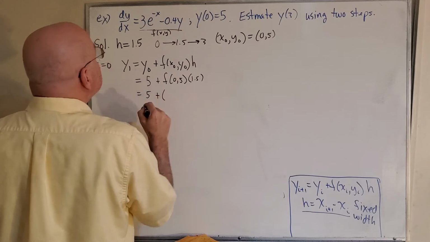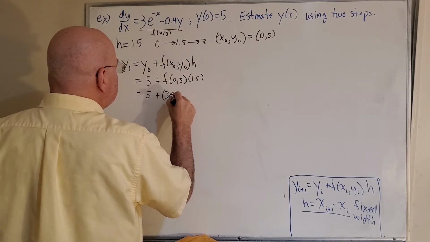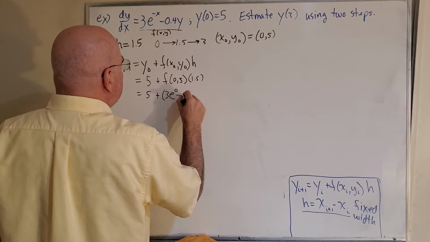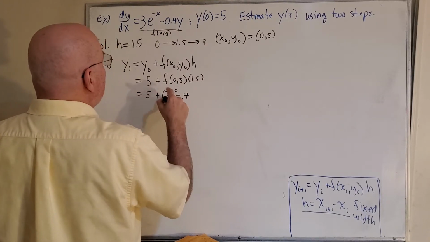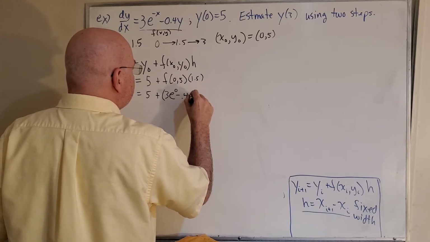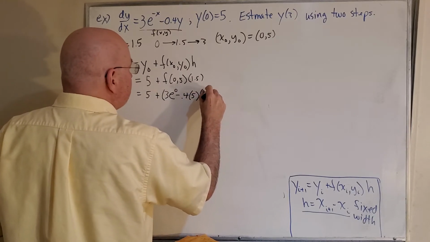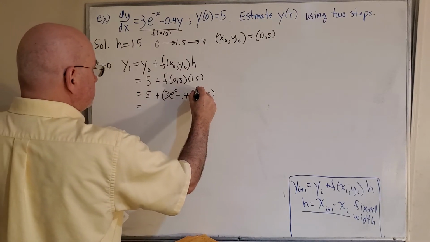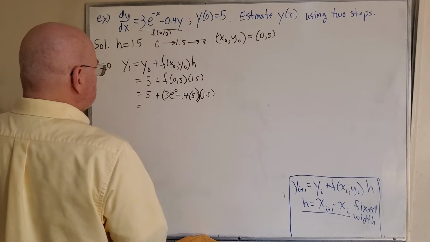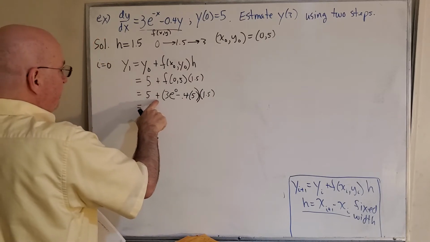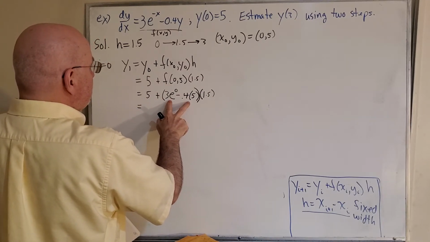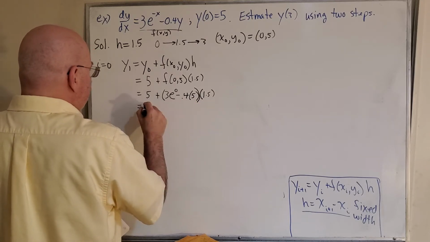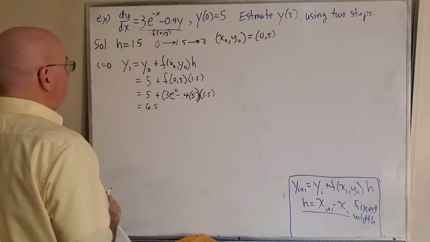I better write it out. Okay, so we get 3e to the 0 minus 0.4 times y, which is a 5, then that's times 1.5. Okay, so 5 plus 3 minus 2 is 1. 1 times 1.5 is 1.5, so that's 6.5.